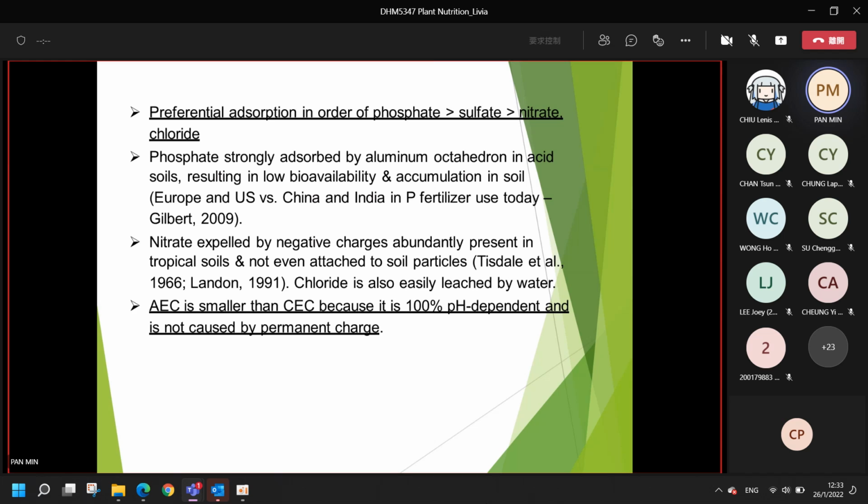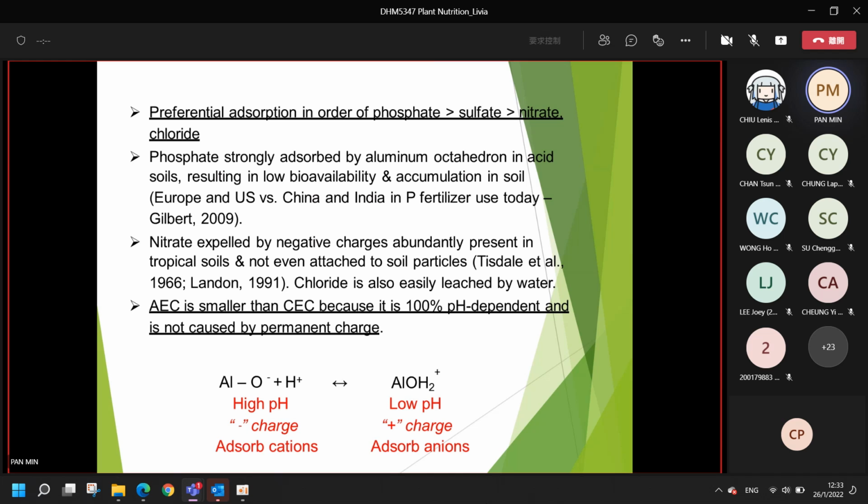Here you can see that the anion exchange capacity is always smaller than the CEC, because it's 100% pH dependent and is not caused by permanent charge. It will not be affected by the balance, by the presence of permanent and non-available binding sites.